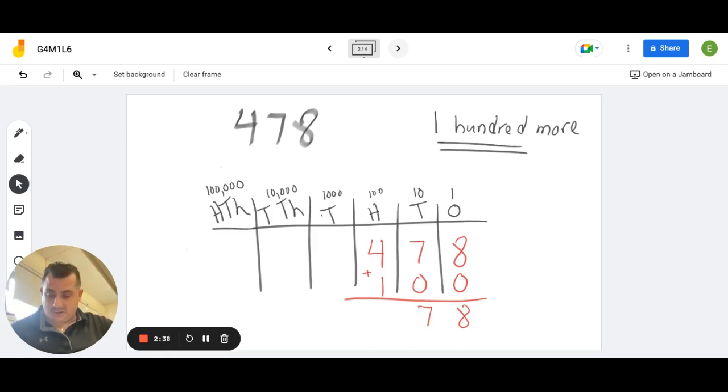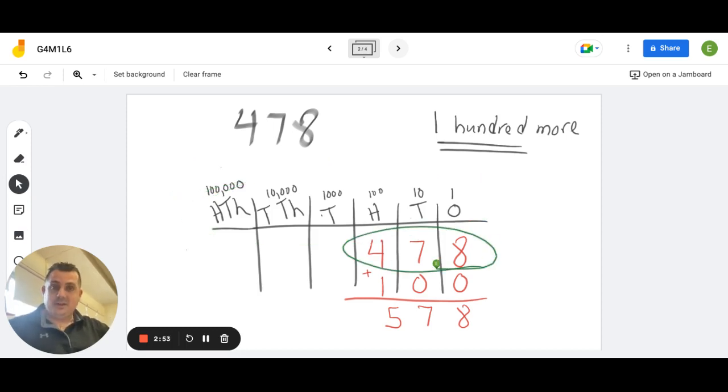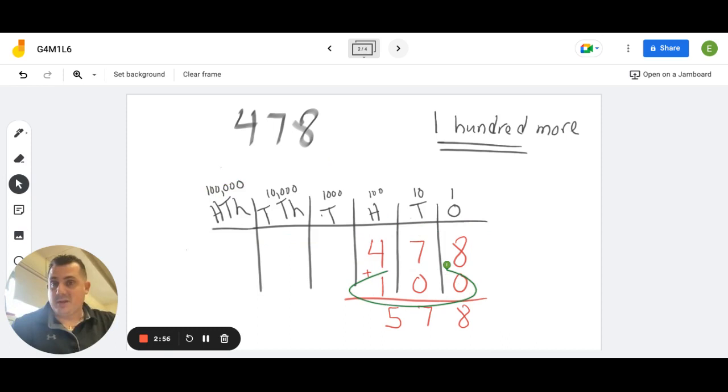And my hundreds is 4, and is now 5. I have 578. That's all I did, was I put my number in this place value chart and then I added 100 more. I knew this was the only place value that was going to be changing if you don't need to bundle up anything, which there's no bundling needed because that's 8, 7, and only 5. Okay, so that's a simple one to the hundreds place.